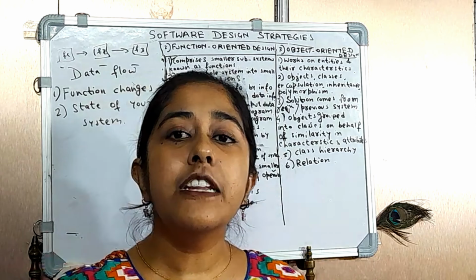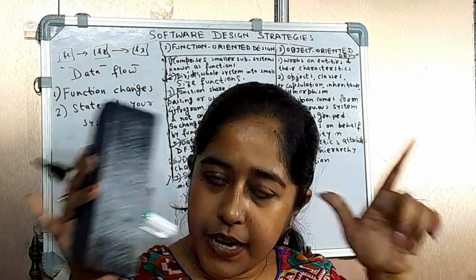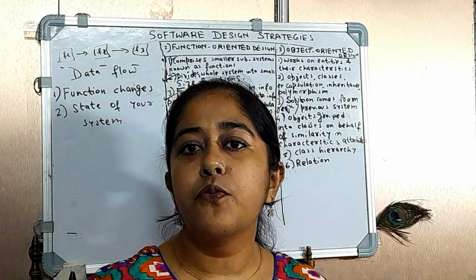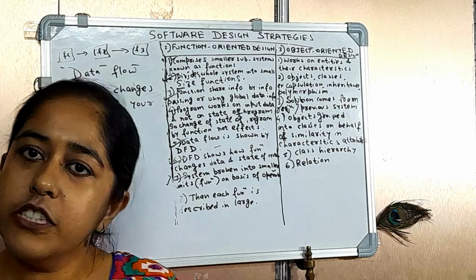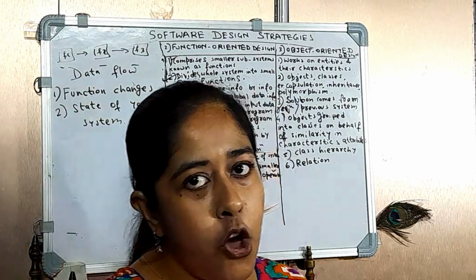So on the basis of what kind of operation your function is doing, we are going to break or group those functions. When we break the system, we group on the basis of the operation, the kind of task the function is going to do.